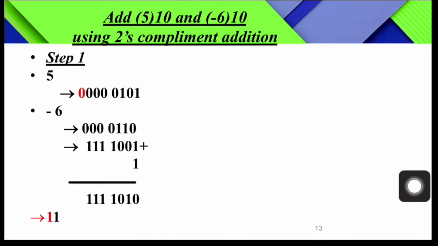Finally, we append the sign bit 1 at the MSB and get the 2's complement representation of minus 6 as 11111010.